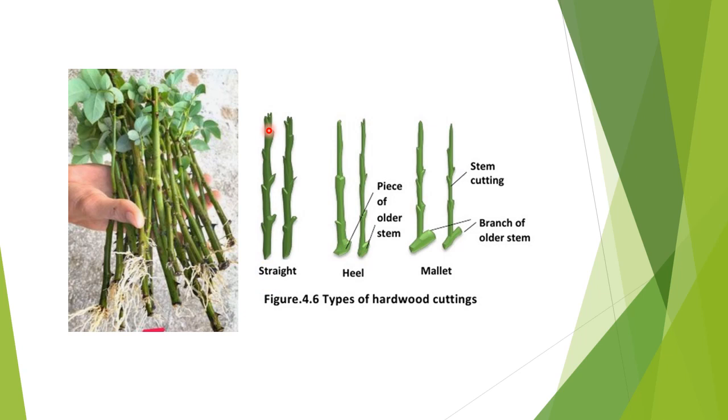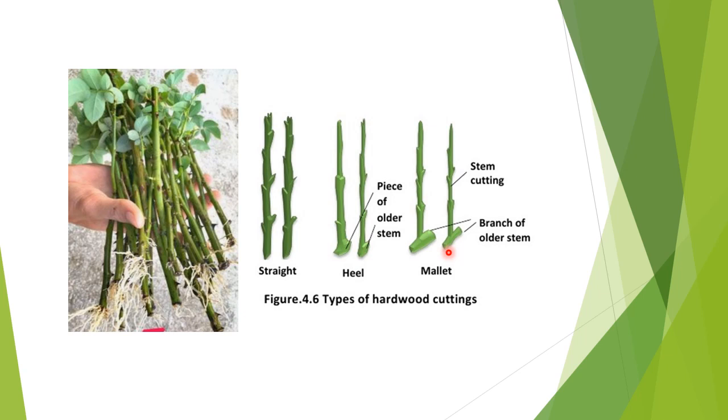This is a straight one, where you have kept the lower cut and the upper cut. They are straight. Then you have a heel where you have taken a piece of the older stem with it. At the base of it, it has the base of an older stem also with it. This is the current year's stem. While in mallet, you are taking a branch, a portion of the branch of the older stem.